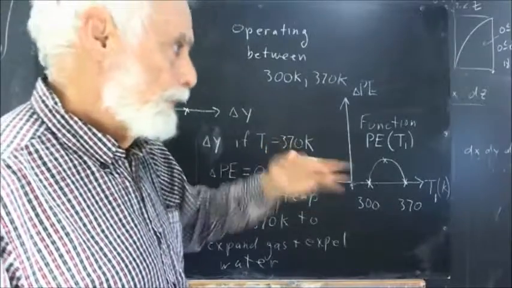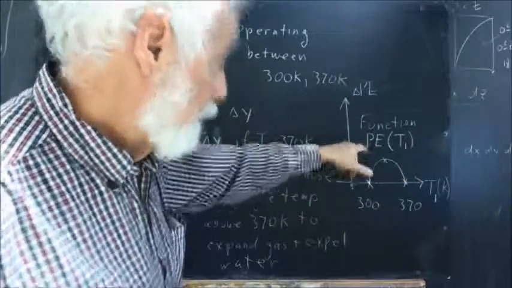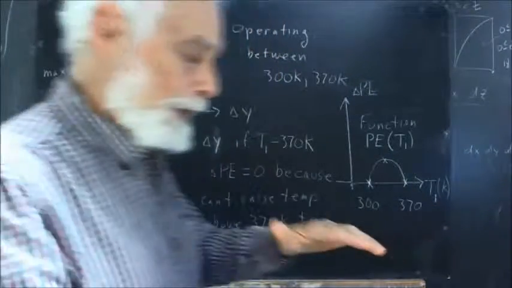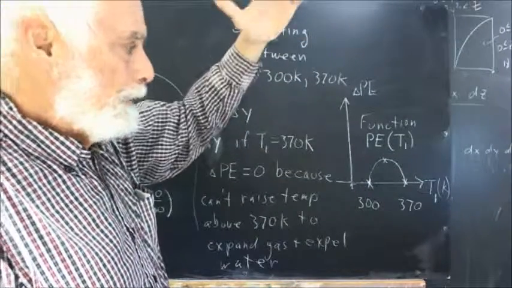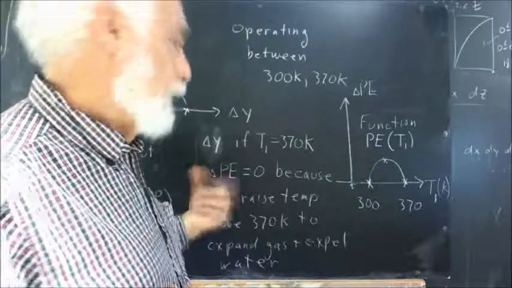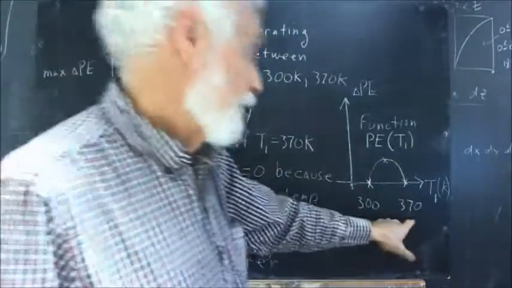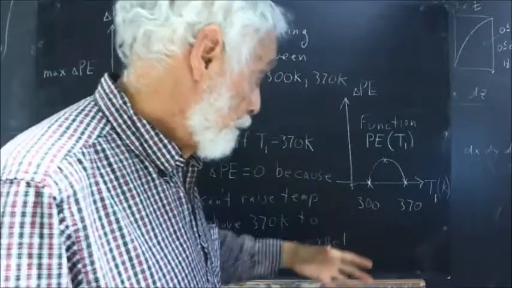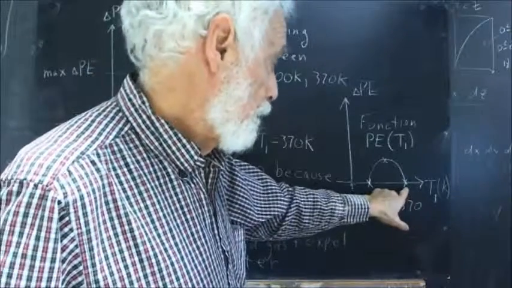You've built no pressure, the water's not going to be raised. You're going to have maximum expansion, but no potential energy change. If T1 is 370, that means you raise the water as high as you can, ending up when the temperature is 370 before you expel any water. But now if the temperature's already hit the maximum possible temperature, you're not going to have any room for expansion, any temperature change for expansion, and you're not going to get any expansion.